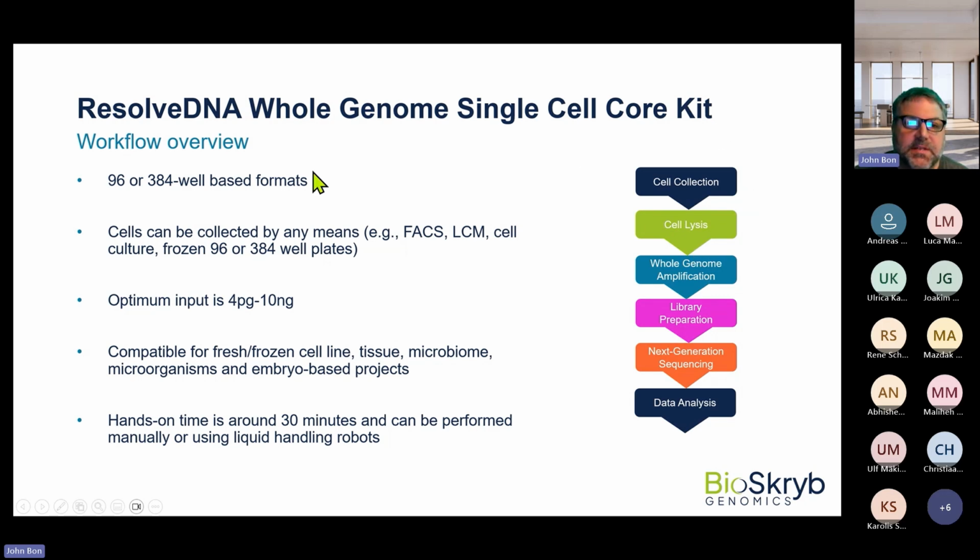After the cell collection is done and the cells are in wells, then our technology is employed. A cell lysis is done first, and this will lyse the nuclei and access the genomic DNA. The whole genome amplification is done by PTA. And if you purchase our library prep, that would be next. But the great thing about the BioSkryb PTA technology, our whole genome amplification method, is that it is agnostic to the library prep.